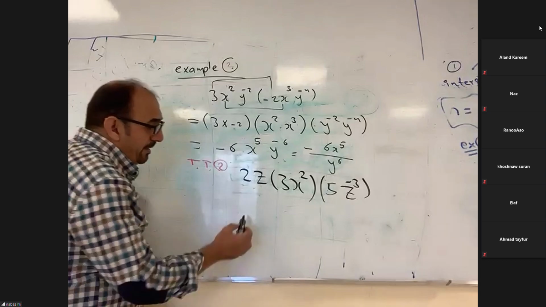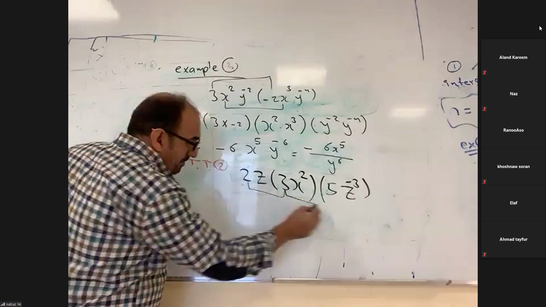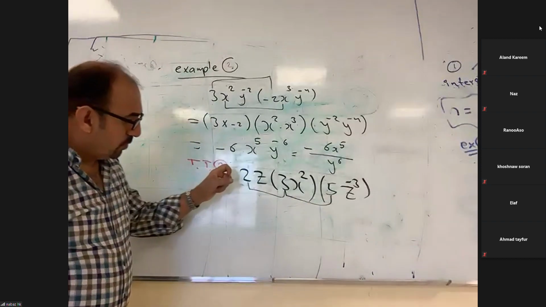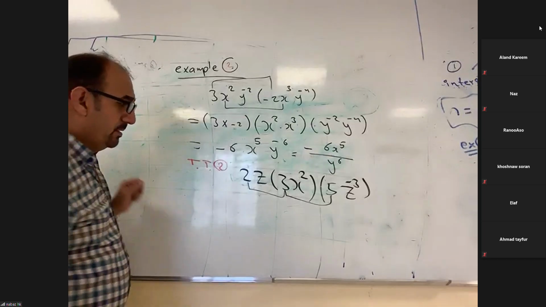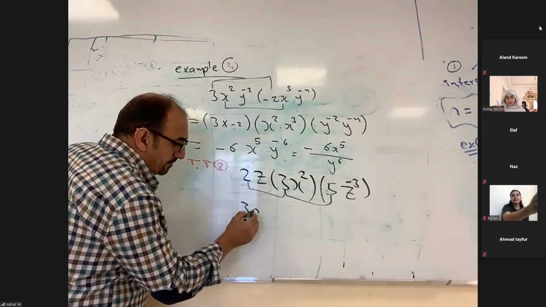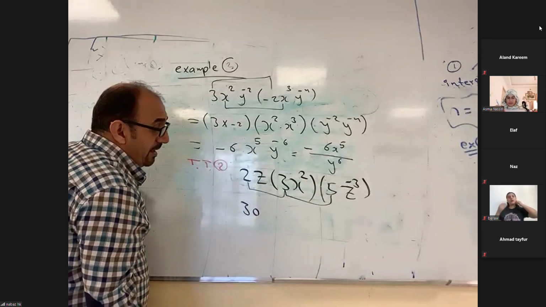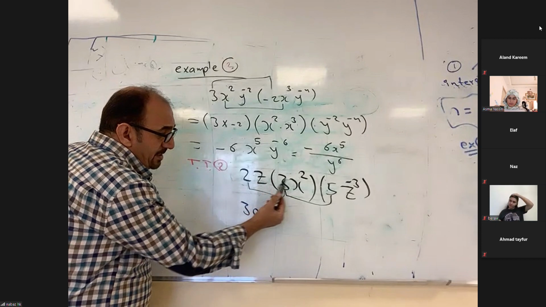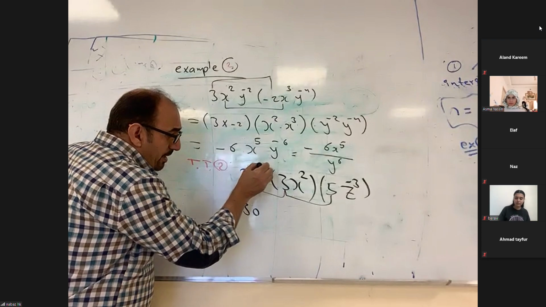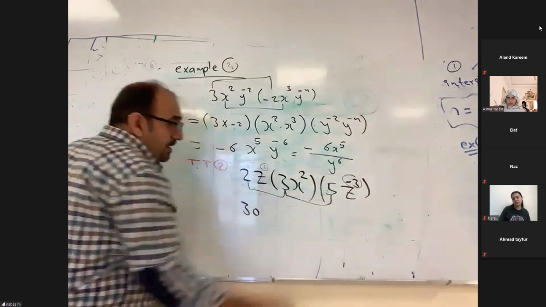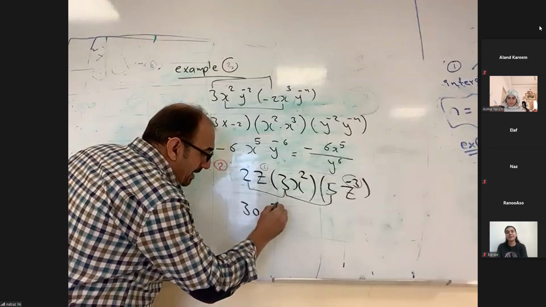Now here, multiply to power. Number times number, which is equal to 2 times 3 times 5: 2 times 3 is 6, times 5 is 30. Z times Z: the power is 1 and this is negative 3, so it will be z to the power negative 2.